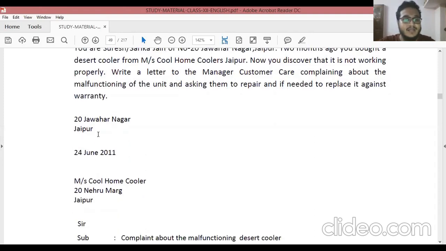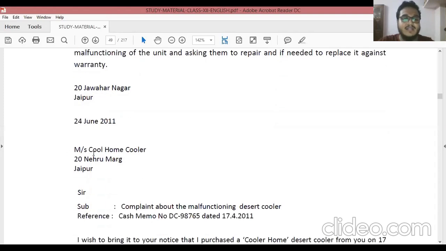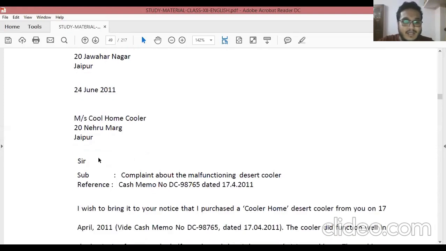20 Jawaharlal Nagar, Jaipur. Space is there. I said in the last letter space was not there; here there is proper spacing. Next, the shop name is given. Again, the salutation Sir will be written above this part, then the subject, then the reference.